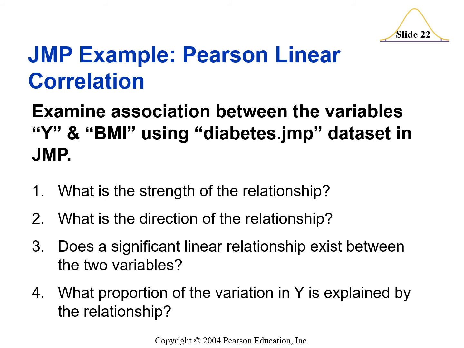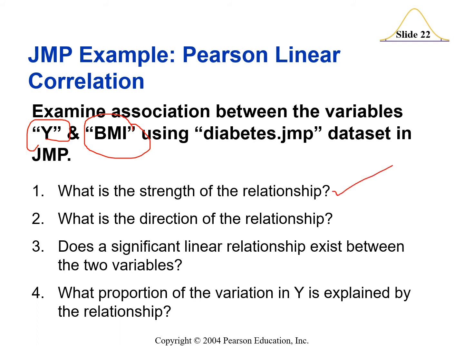Let us see how to use the software to generate the output regarding linear correlation. Here we use again Y, which is blood sugar, as the outcome, and body mass index as the independent variable. Number one, what is the strength of the relationship?